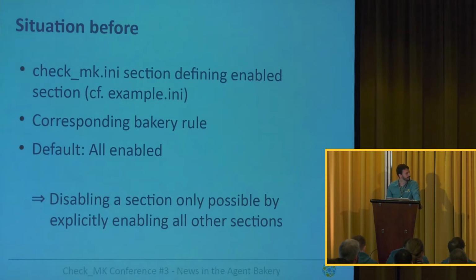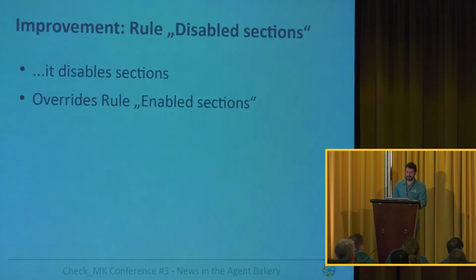We integrated this into the bakery, and it did work well, except for the case when you did want to have one excluded. The only option then was to select all of them except for one. So if things were added, then you would have to change the rules and adapt them, and it was a bit tedious. And now there's a new rule for this, which is called disable sections.